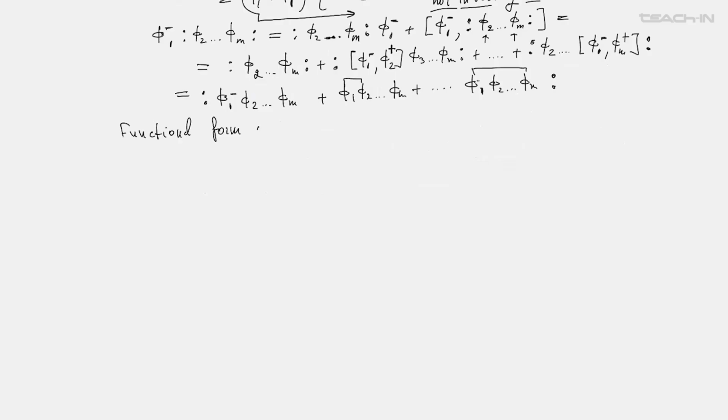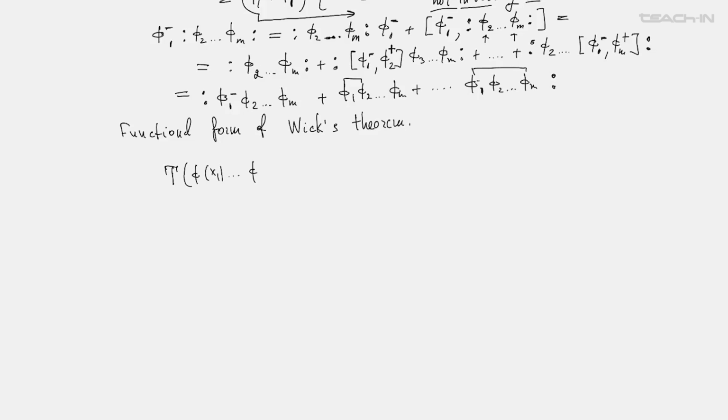And this is the following thing. So the T-ordered product of the fields phi on x1 and so on phi on xn can be computed in this way.